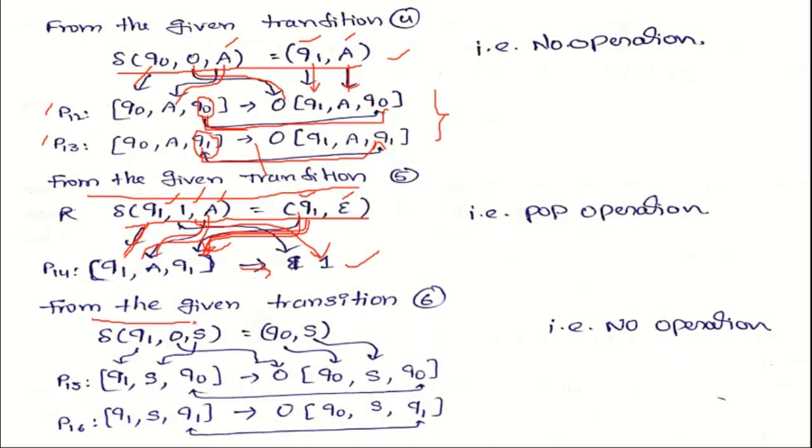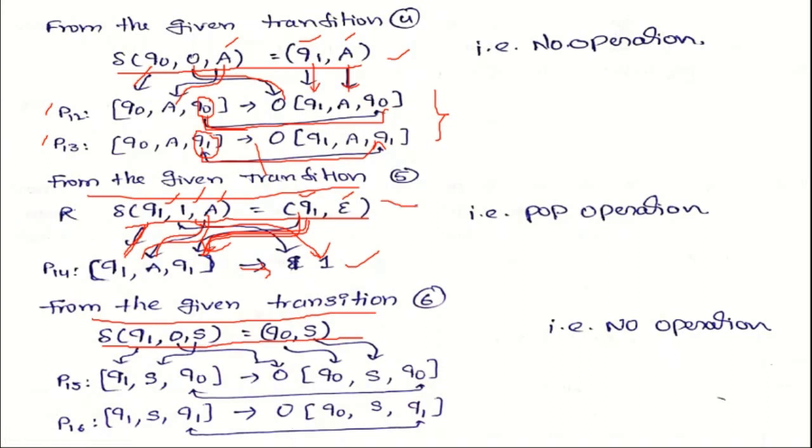The final transition from the given PDA is del of q1 comma 0 comma s equals q0 comma s. That means no operation, only the state changes. Just now we observed that for the no operation case, the number of production rules varies with the number of states. In case of 2 states, it produces 2 production rules, for 3 states, 3 production rules. Our PDA has 2 states, so it produces 2 production rules.